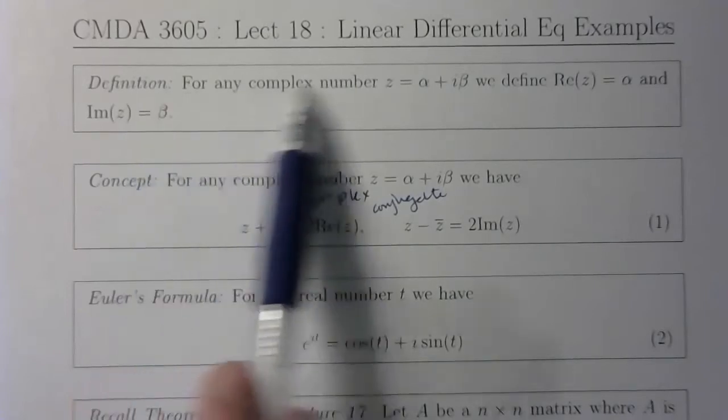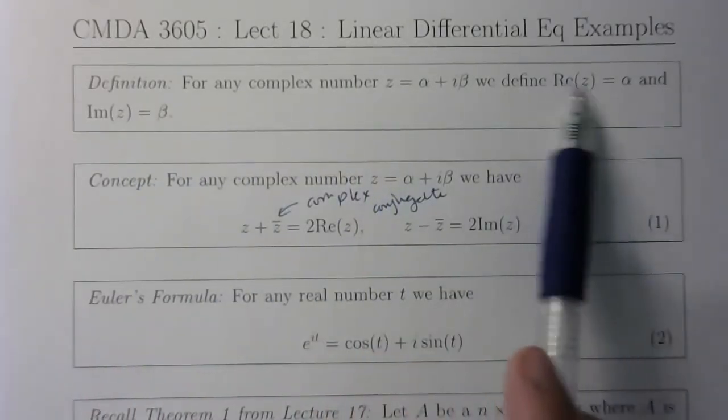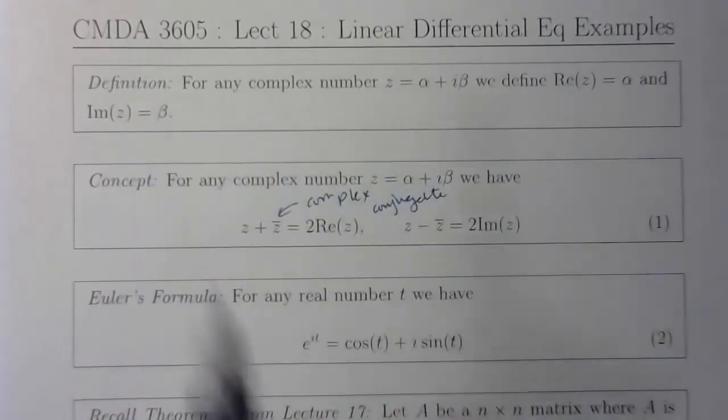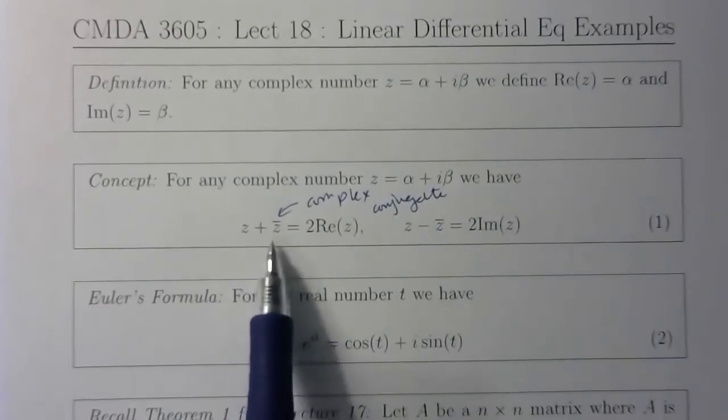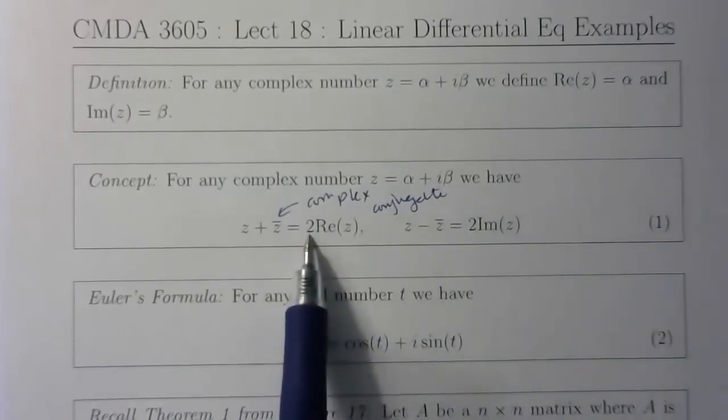So just as a definition, if we have a complex number, we say the real and the imaginary parts, alpha and beta, are notated in this way. The concept here is that the sum of a number and its complex conjugate, the overline, is actually 2 times the real part.